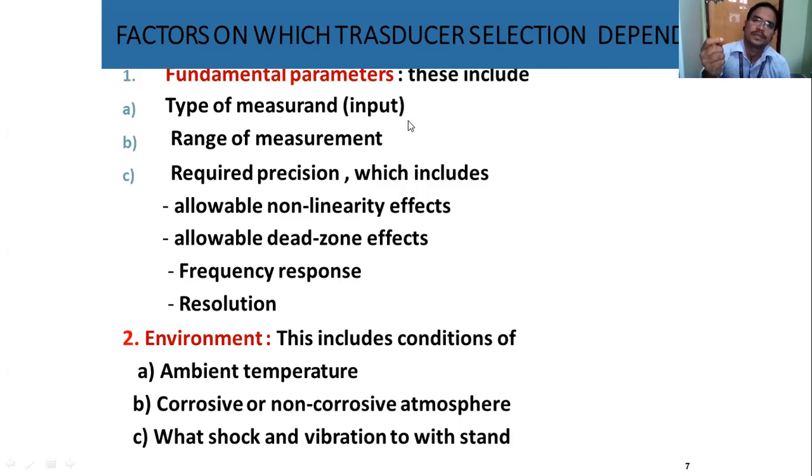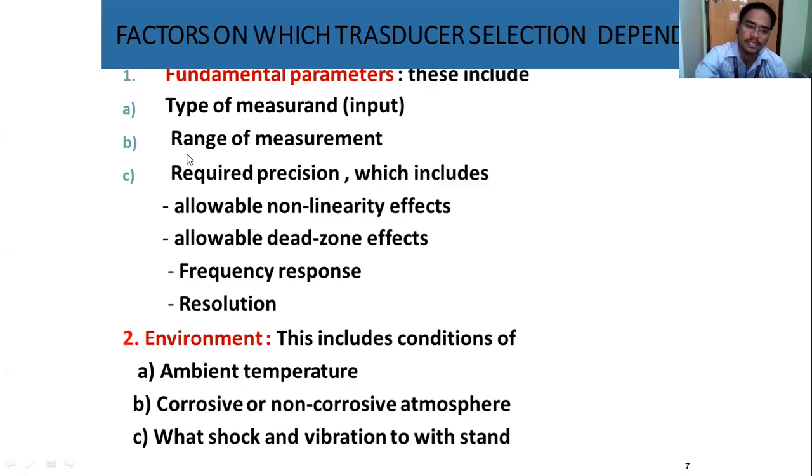For example, here the temperature is the input for an ordinary thermometer. In some other cases, pressure is an input, or air itself is an input, or the movement, displacement, can be an input. So different inputs are there. So depending upon the type of measurement, the transducer is selected.